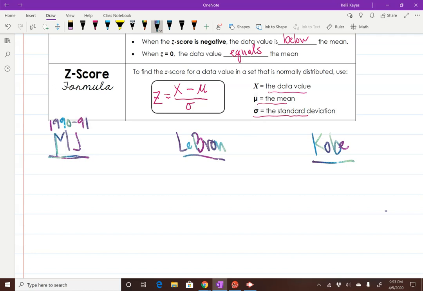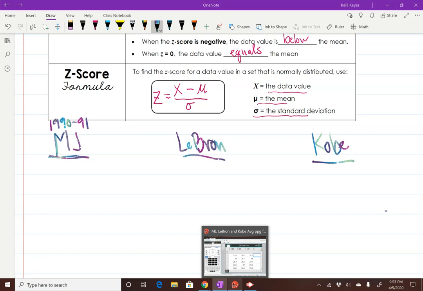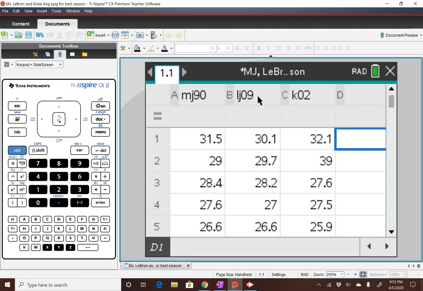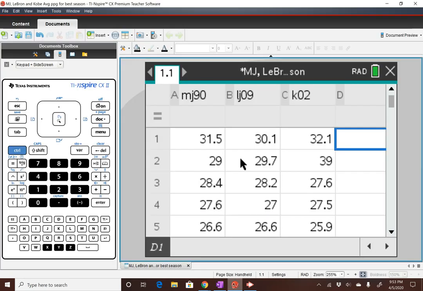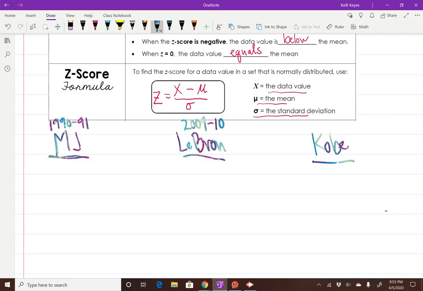LeBron, I looked at 2009, 2010. And maybe some of you know, and you're like, no, that's not their best season. But you know what? I already put the numbers in, so we're going with it. We're not changing. And then Kobe is 2002 to 03.